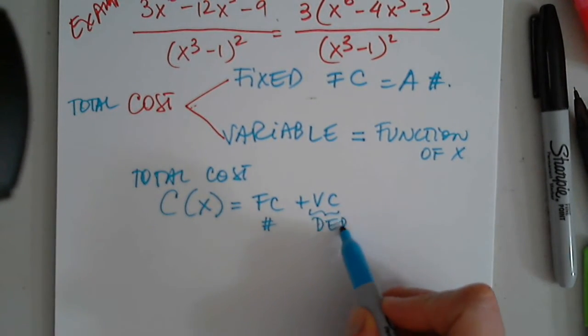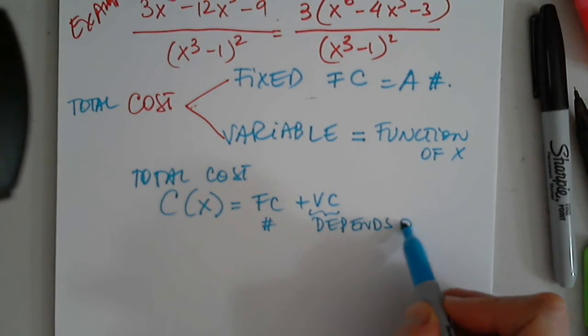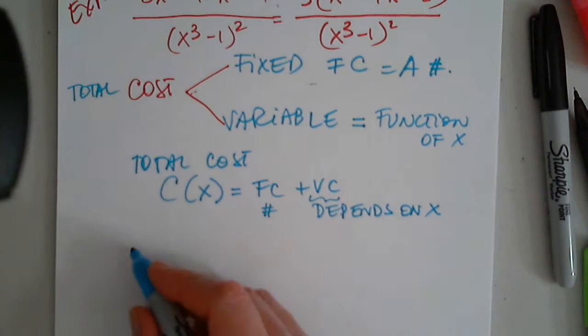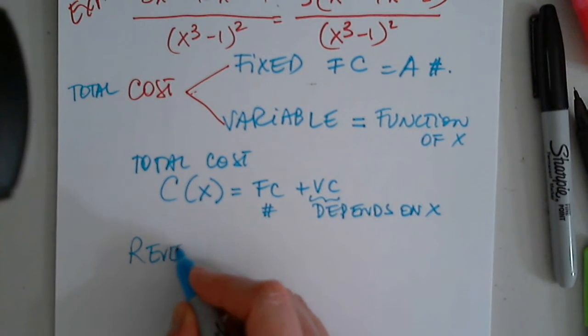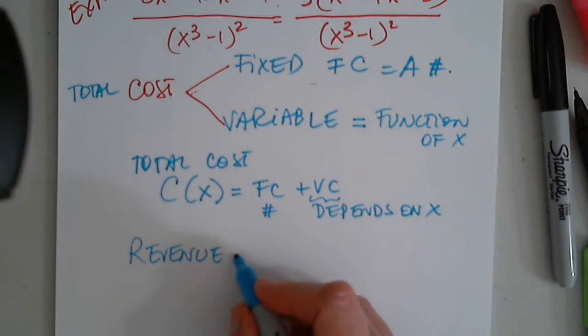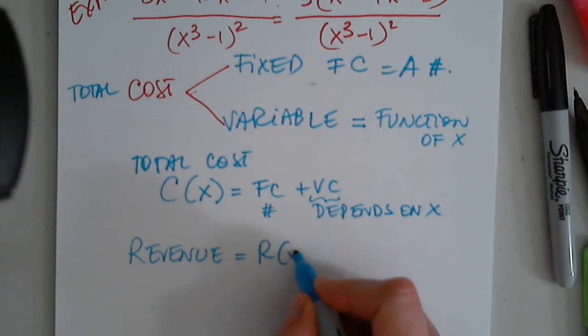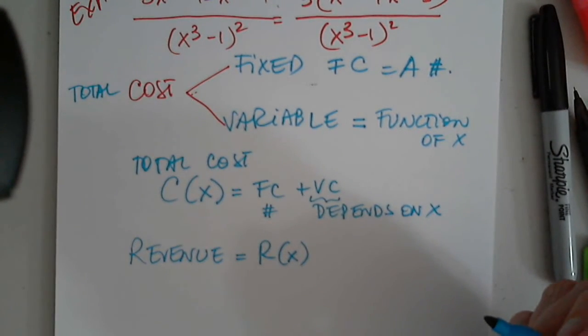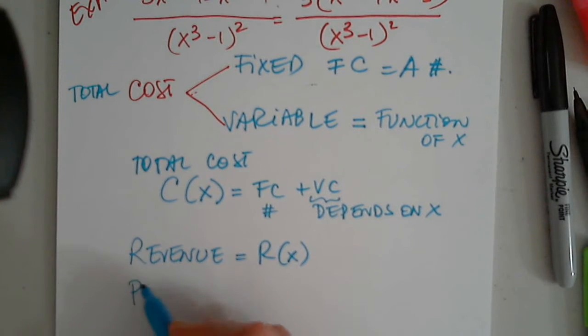So this one depends on x. We produce whatever in order to get revenue. The target is profit, but we produce it and we sell. So this is a function of x, r of x. It's what we sell. And finally, the target is the profit.